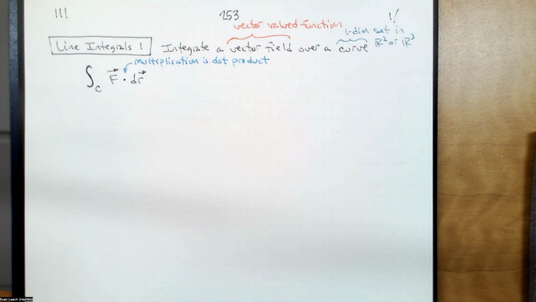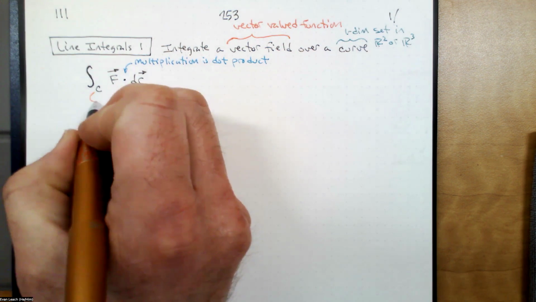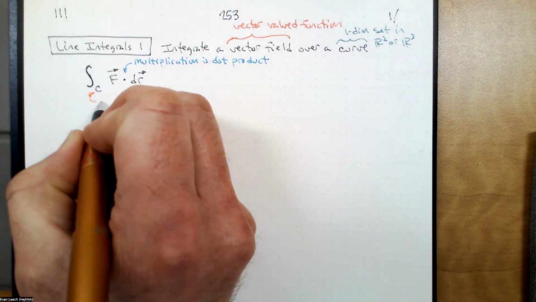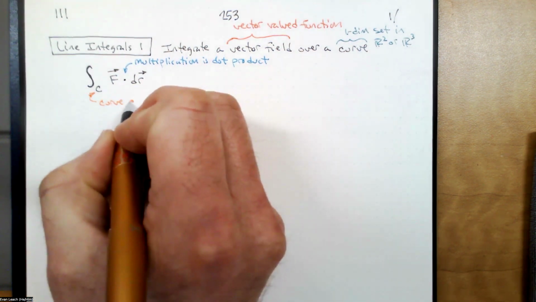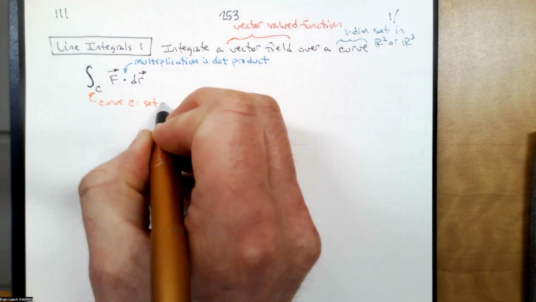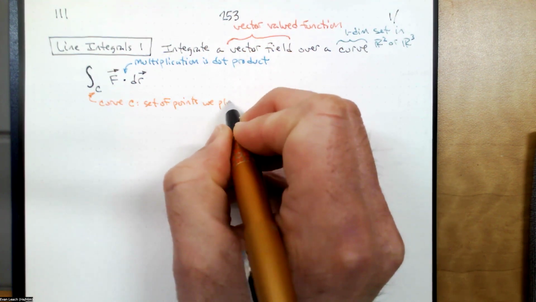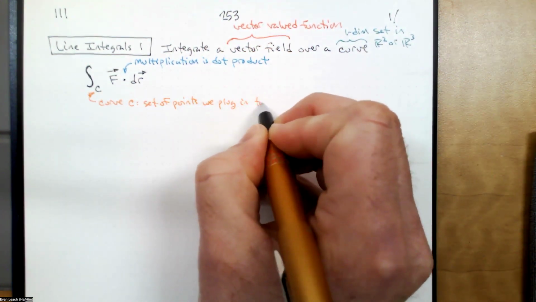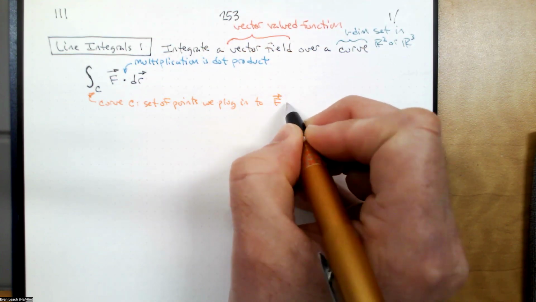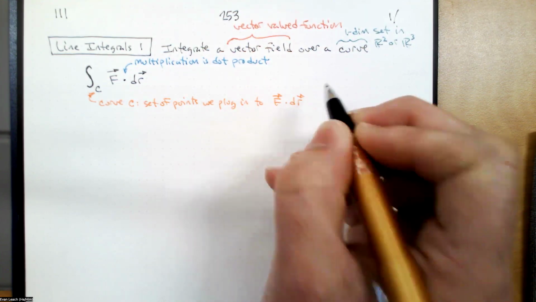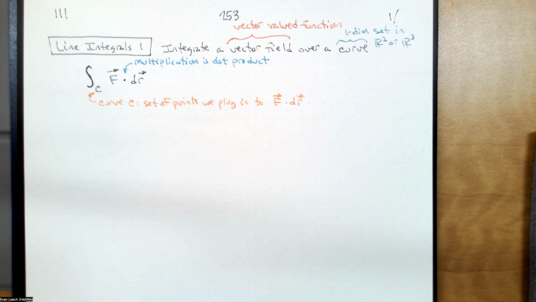This part of the integration notation, the integral over C, is telling us what we're plugging in to f dot dr. So C is the curve. This is the set of points where we evaluate our product.